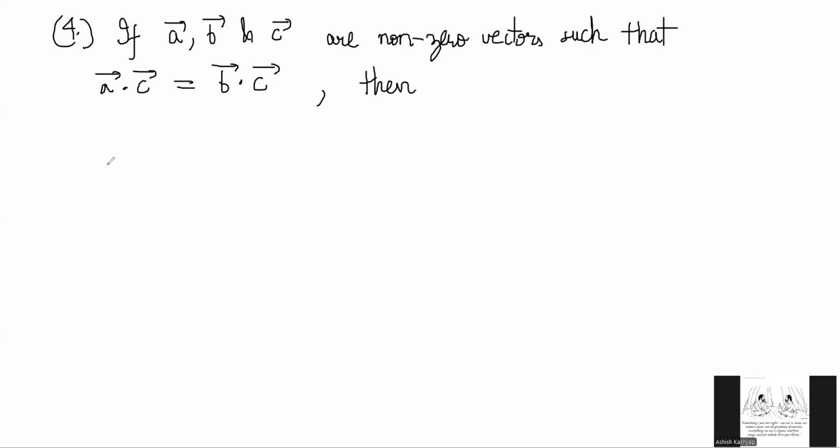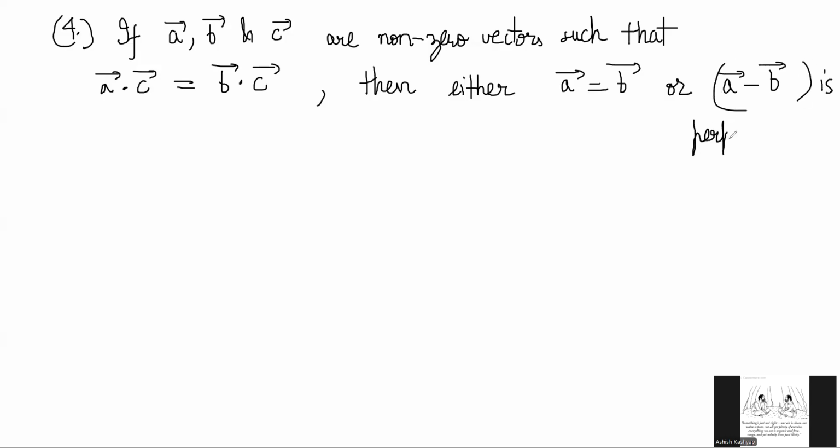We can say that either A is equal to B, or we can say A minus B vector is perpendicular to C.